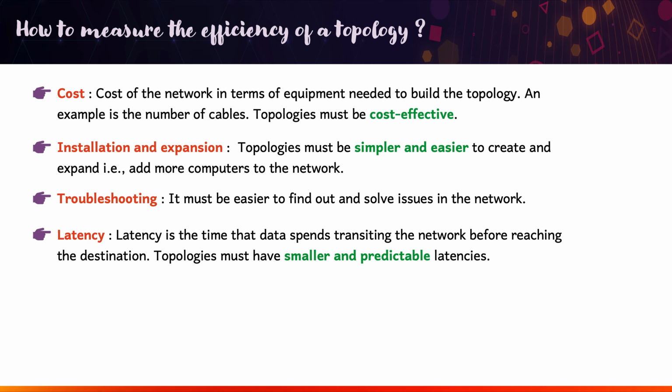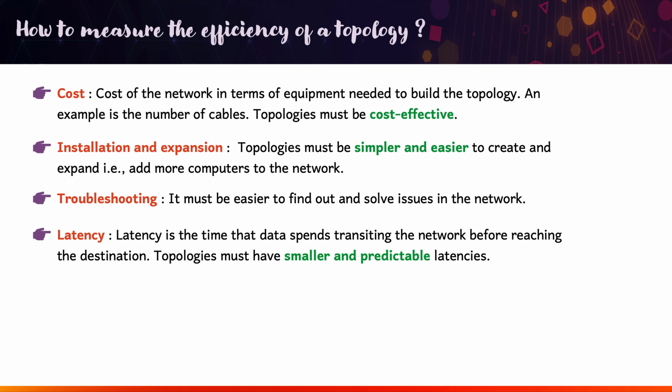The next one is a very important term in computer networks called latency. For the purposes of our lessons, let's say that latency is the overall time that a particular packet takes from the time it went out of the sender computer to the time it has been received at the recipient computer.